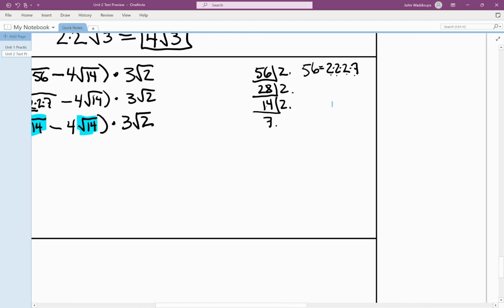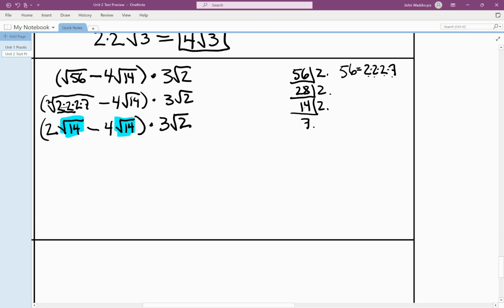Now think about it this way. Let's make a substitution so you can see the way it works. If I have 2x minus 4x, that would be negative 2x. They're like terms.